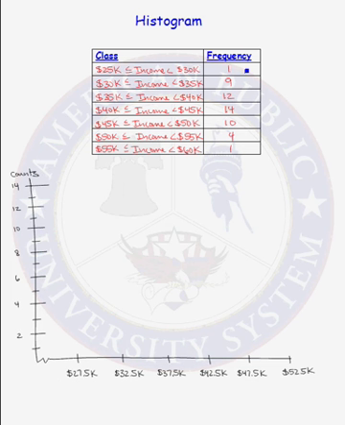We see that there was one state that had median incomes between 25 and 30,000. So we want to make our rectangular box with a frequency of 1 centered over the middle of 27.5. How many states had median incomes between 30 and 35? 9 did.